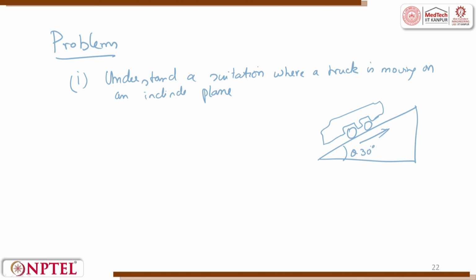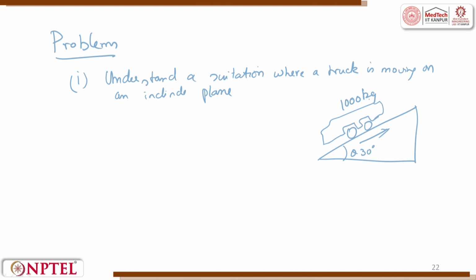Okay. So, now please try to draw all the forces which are involved with the directions and try to see how you can solve this problem by using vector addition or dot product. The only thing is the weight. Assume a weight of 1000 kgs. That is the weight of the truck which is moving on an inclined plane at 30 degrees.